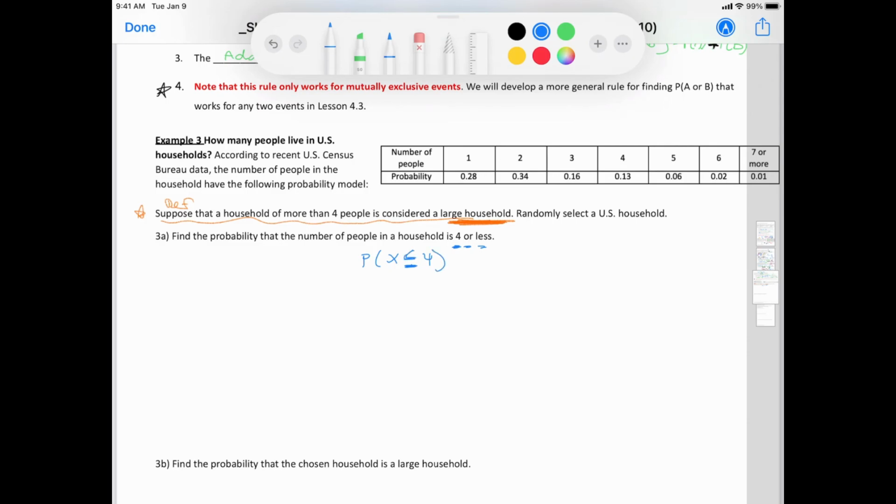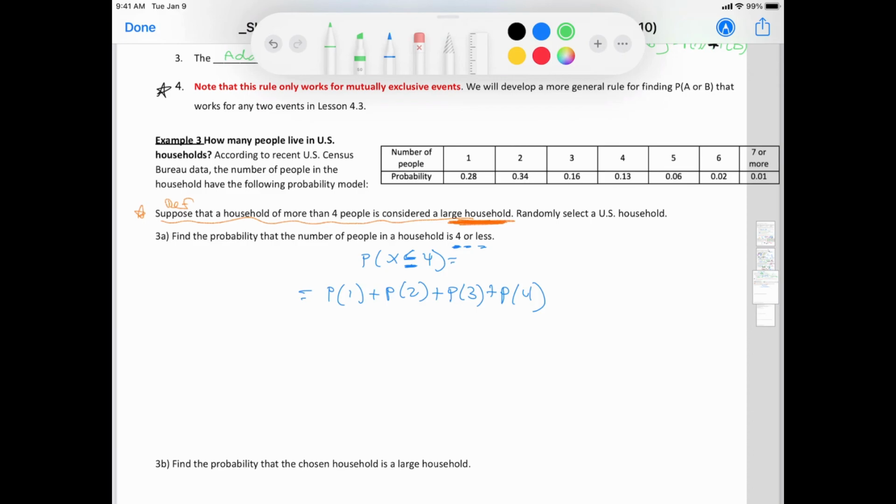There's a couple ways you can do this problem. Basically, the probability of 4 or less is the same thing as saying the probability of 1 person in your household, 2, and probability of 3, and probability of 4.